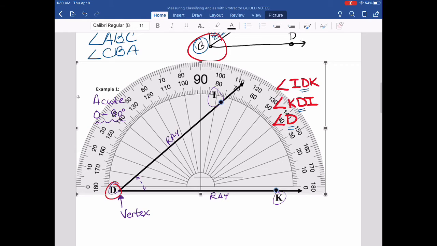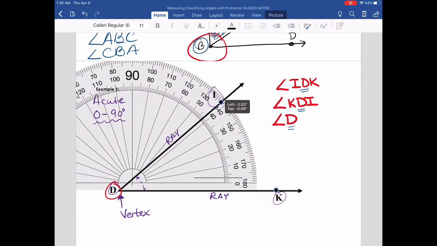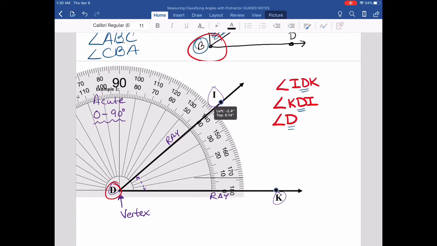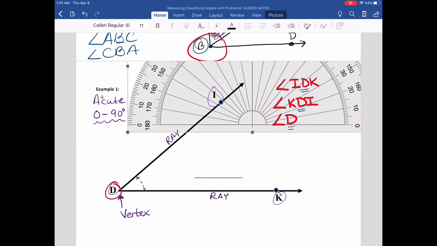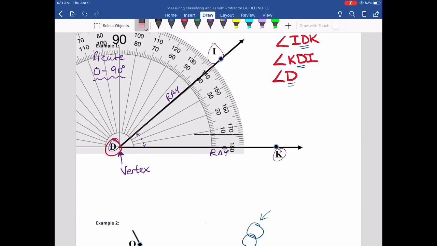Okay, so now when I put the protractor here, I'm going to get that point on the vertex of the angle. And this angle is already laid out nicely for us. We don't actually have to do anything with the protractor itself. So I'm going to get that right there. Okay, so now that I have the protractor overlapping the angle, I'm going to look at the measurement here.